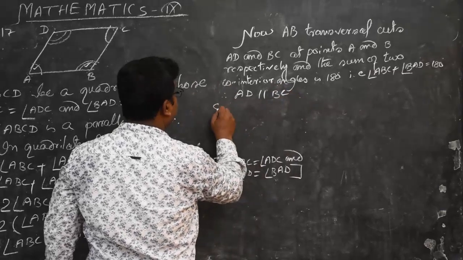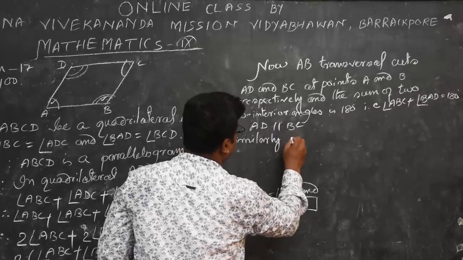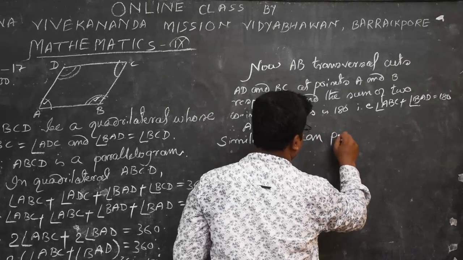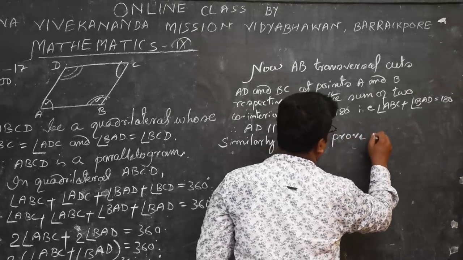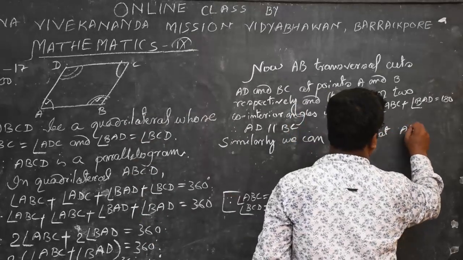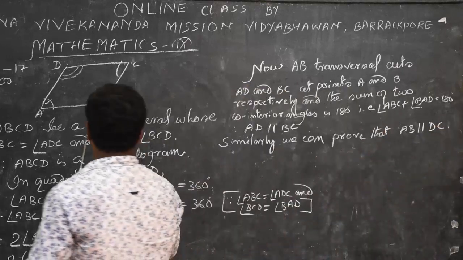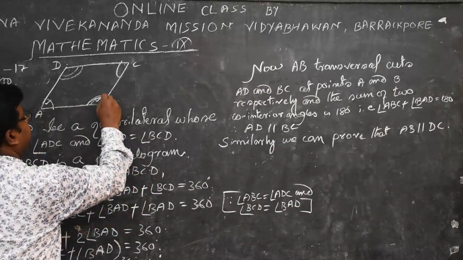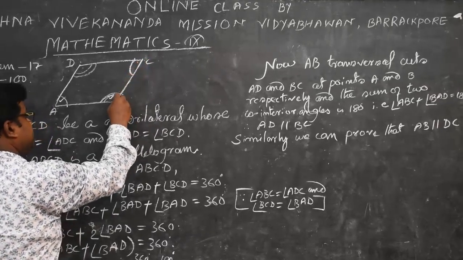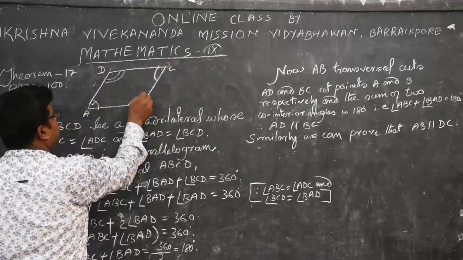Similarly we can prove that AB is parallel to DC. Why? If anyhow you can prove this angle plus this angle equals 180 degrees, then you can say this transversal cuts AB and DC at points B and C, so AB is parallel to DC.